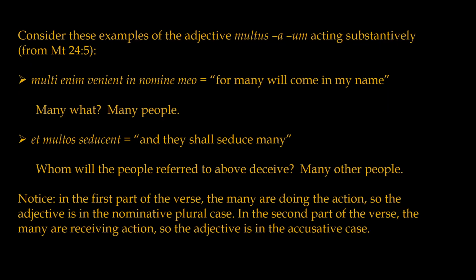Many other people. So, and they shall seduce many, understood that the many is referring to many people. So notice in the first part of the verse, the many are doing the action. So the adjective is in the nominative plural case. In the second part of the verse, the many are receiving action, and so the adjective is in the accusative case.